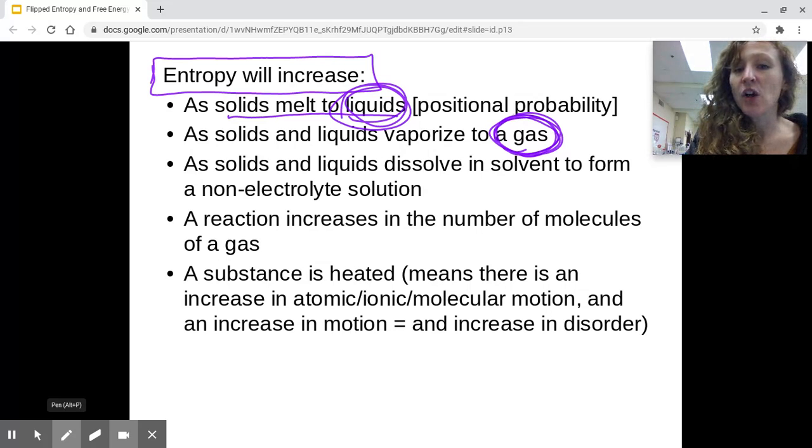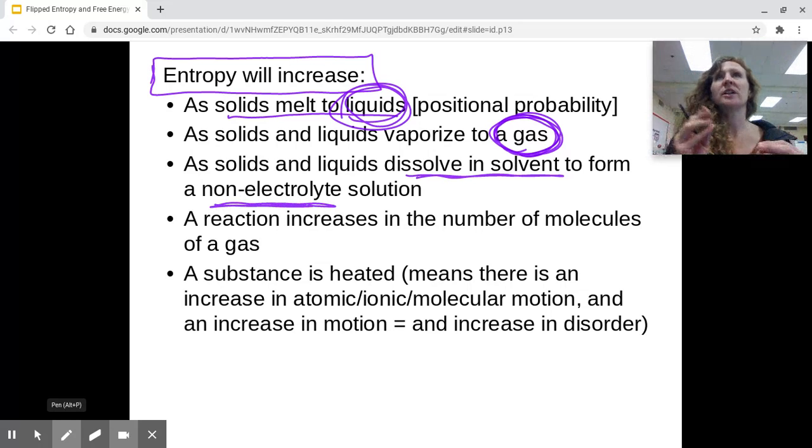Solids and liquids dissolve in solvent to form a non-electrolyte solution. So remember, as you have sodium chloride dissolving into water, that sodium and chloride is going to form specific little systems around each water molecule, right? So each sodium ion is going to have a specific number of waters oriented around it.